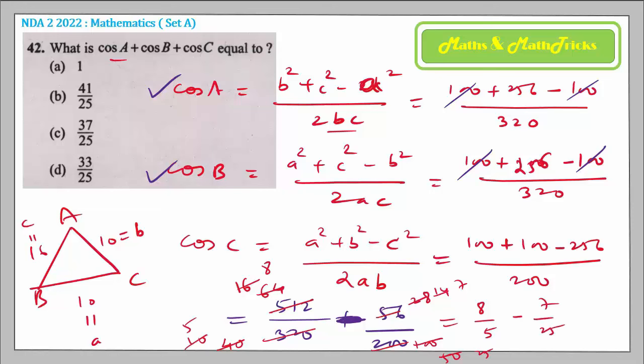So you can see that the LCM is 25. What is the LCM? 25. And for that 40 minus 7 you have to do, which is 33. Right? So answer is hence option number D.